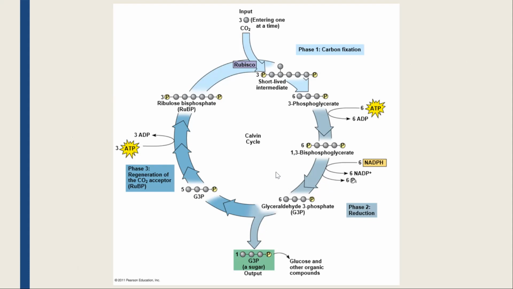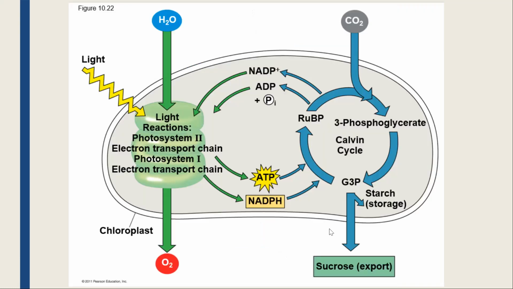But it is a cycle because those molecules are reused over and over again. The carbon dioxide comes in, G3P comes out. The G3P can be used to make glucose and other organic compounds. And that is carbon fixation. The ATP and the NADPH from the light reactions is what's driving that process.